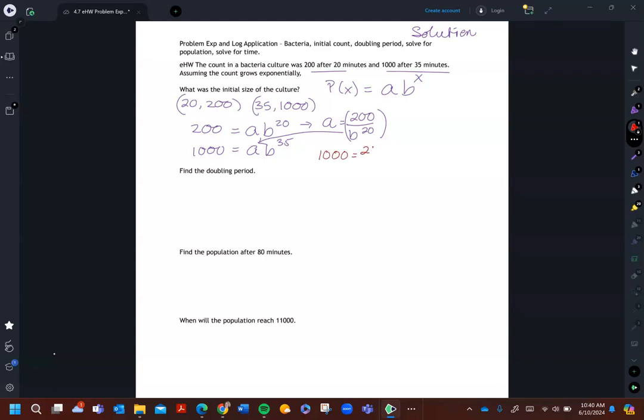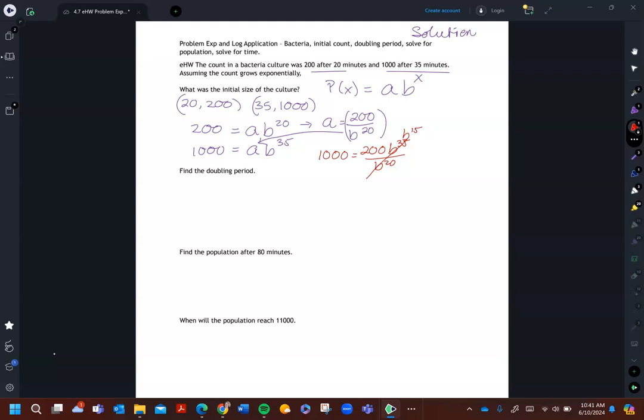So I would get 200 b to the 35th over b to the 20th. Then my b's will reduce when I subtract my exponents, and I will get 200 b to the 15th, and then divide both sides by 200.